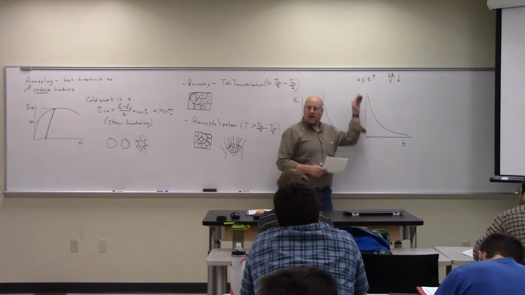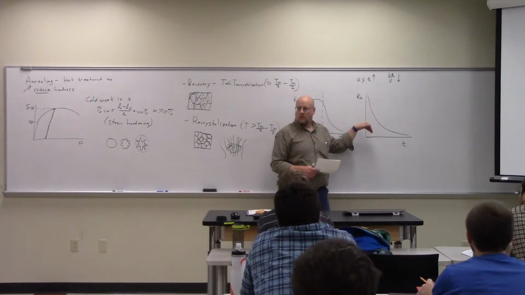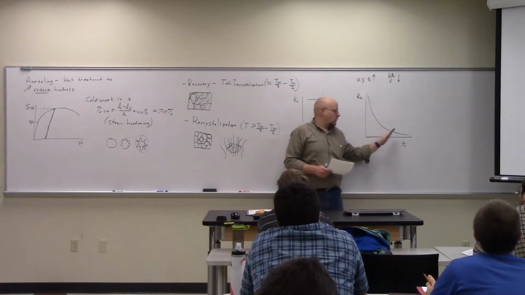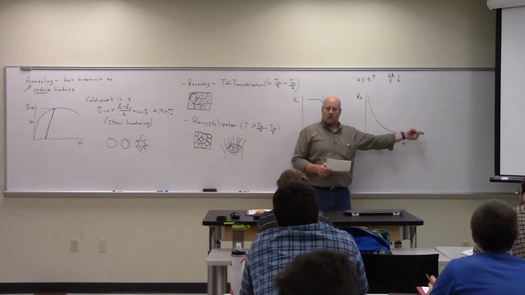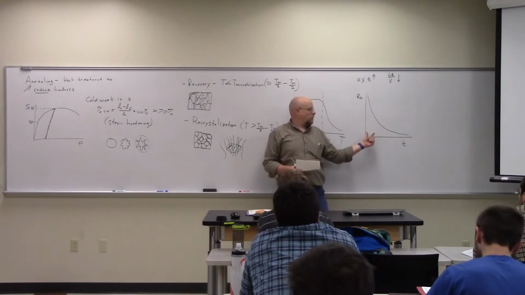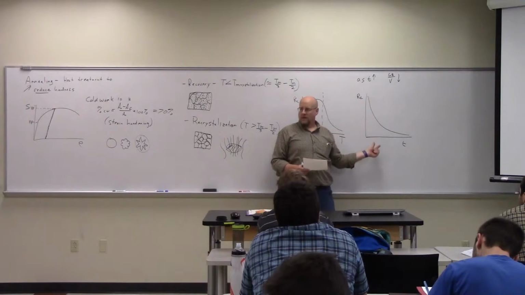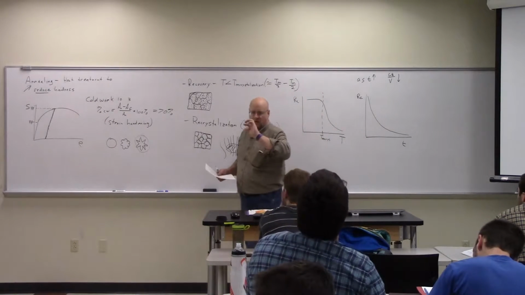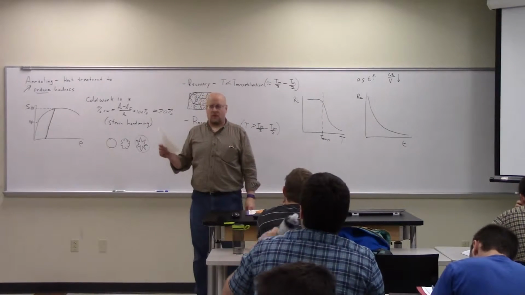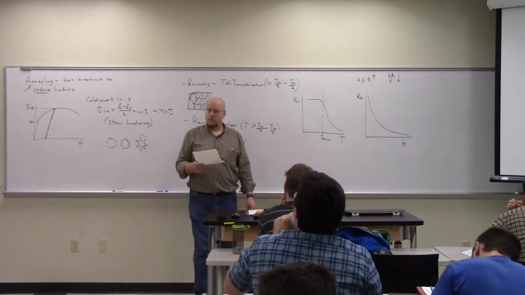That first bit, I get a dramatic drop in hardness. But as I leave it there longer and longer, I get diminishing returns as those grains grow bigger and bigger. Most of the hardness reduction, most of the annealing occurs in that initial period of time when I just recrystallize the material just enough to get rid of all the strain that's been induced by the cold work. Does that make sense?